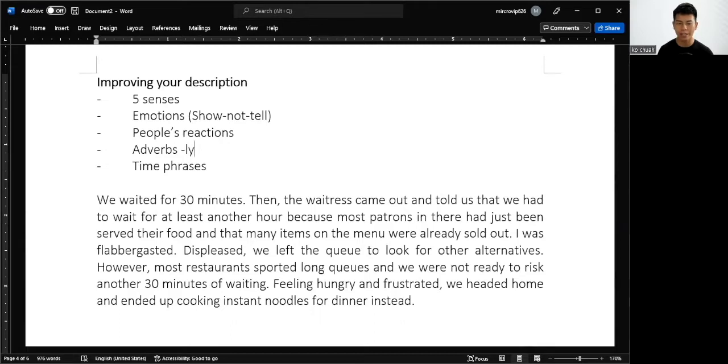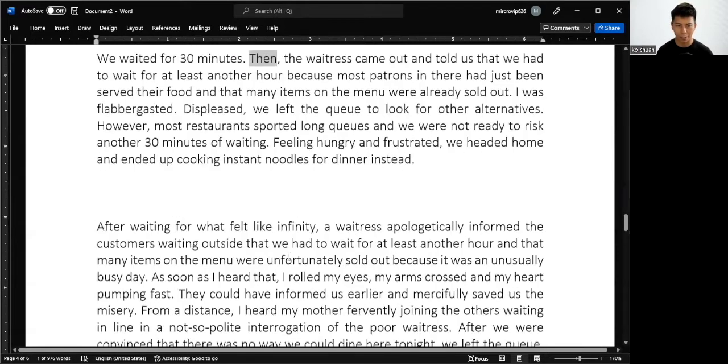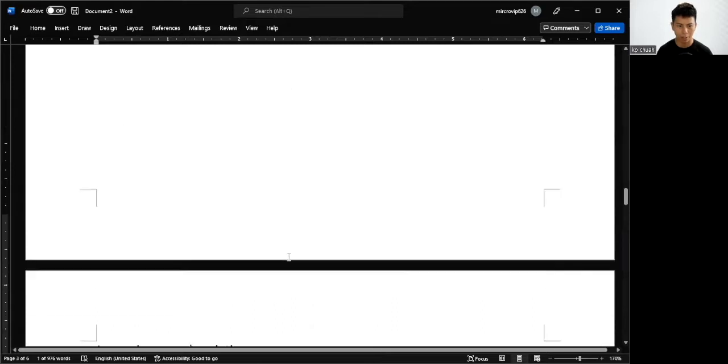And the last one is time phrases. Now, what are time phrases? A lot of people, when they're writing descriptive writing or narrative writing, would write then, like this one right here, then, to show a sequence of events. That's pretty boring. I'll show you a list of phrases that we can use. Later on, I'll show you that.